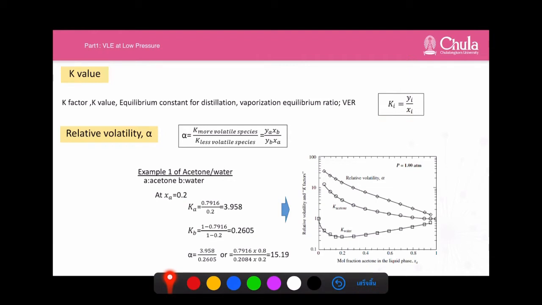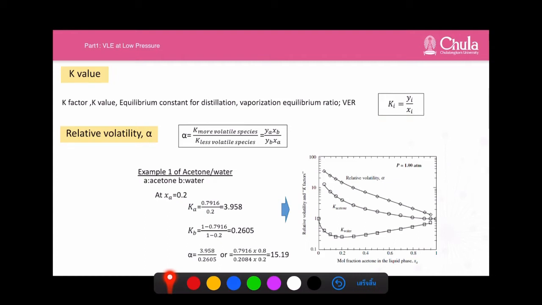The ratio of the k factor, the k value of the light component to the k factor of the heavy component, we call it alpha. So alpha is k of light component divided by k of heavy component.